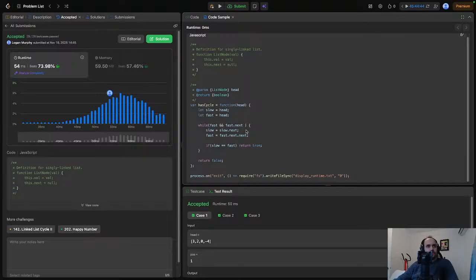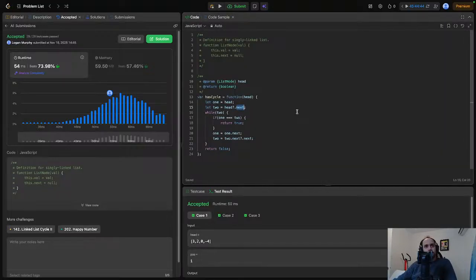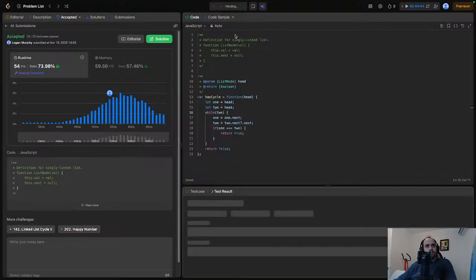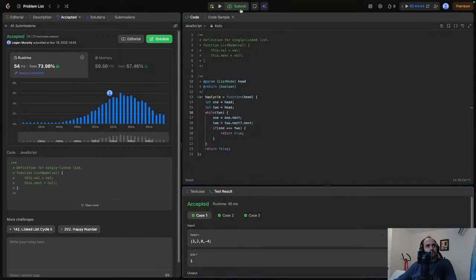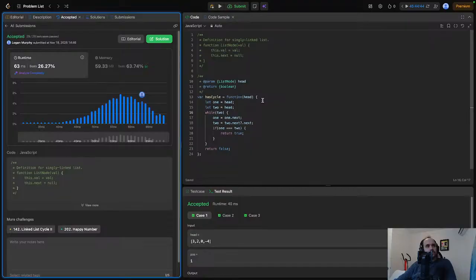Interesting that they somehow have... Shouldn't they both start at the head? Apparently, that seems to be the case. But then wouldn't this have to come first? Unfortunately, it doesn't make it faster though.